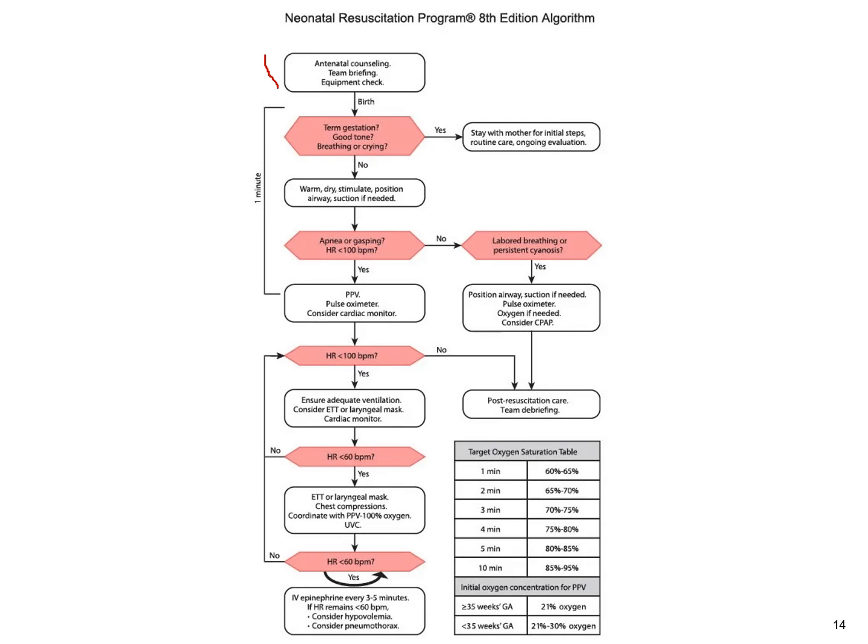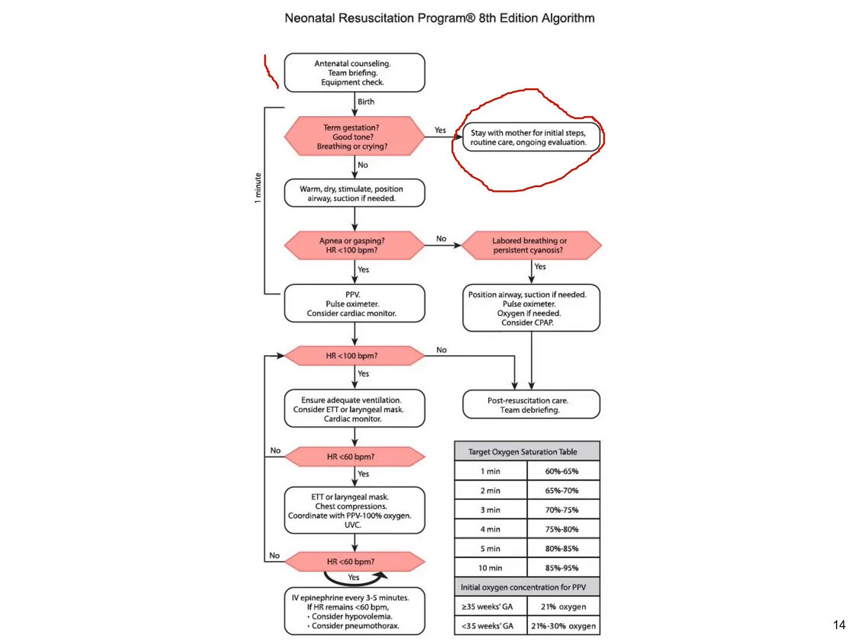So, if the answer to all 3 is yes, we move over here to this section and the baby gets to stay with mom. If the answer to any of these is no, then we move down the algorithm and we position the baby, we dry and stimulate, and keep assessing the baby's breathing.